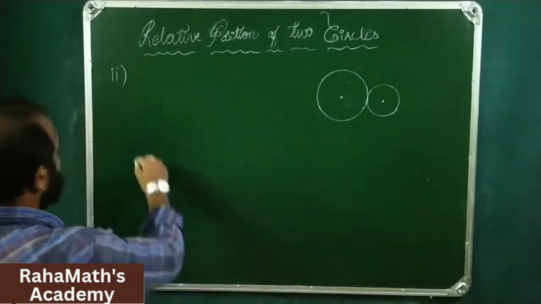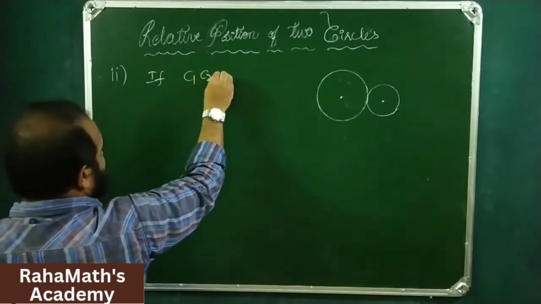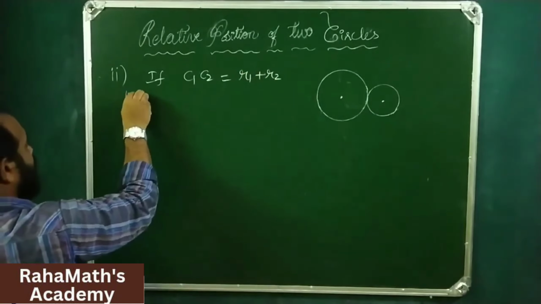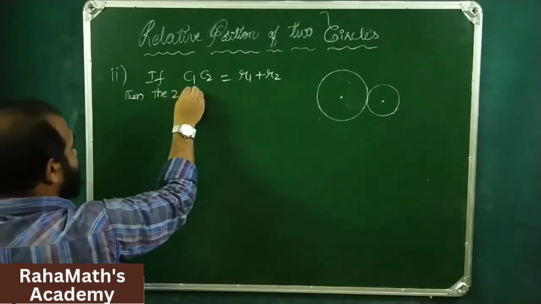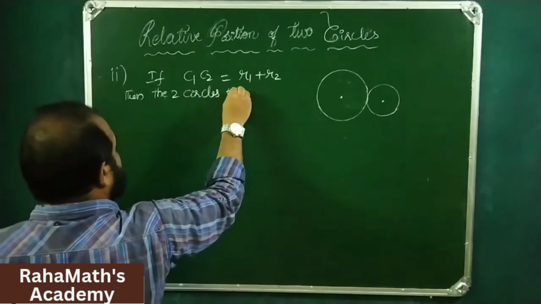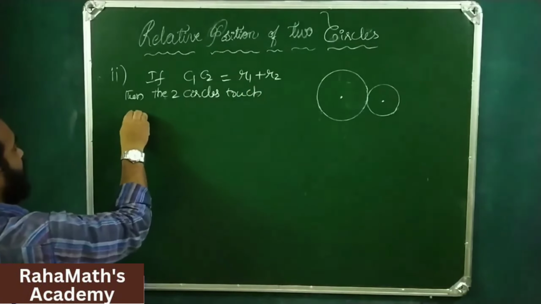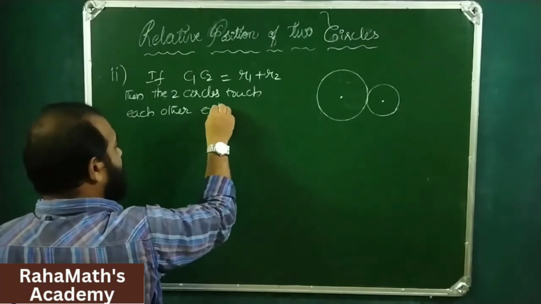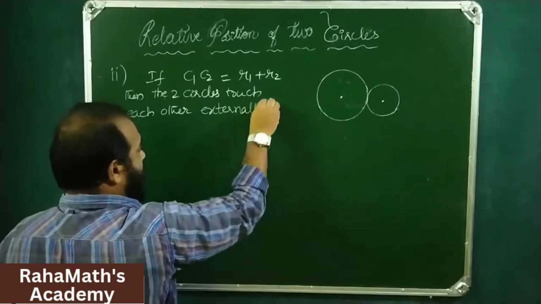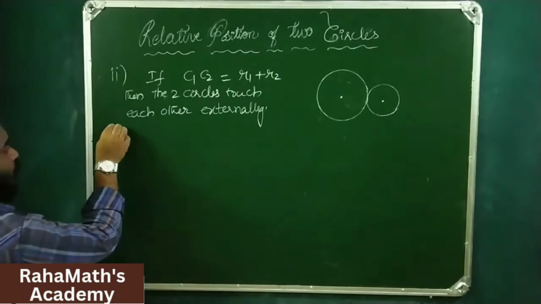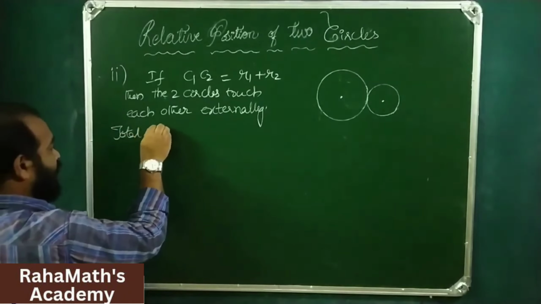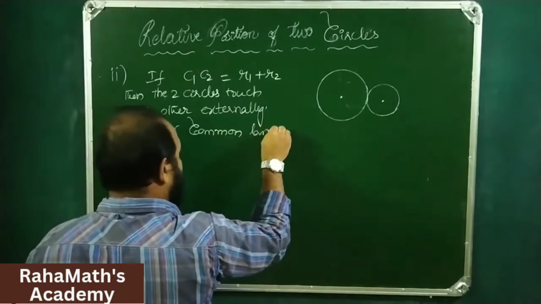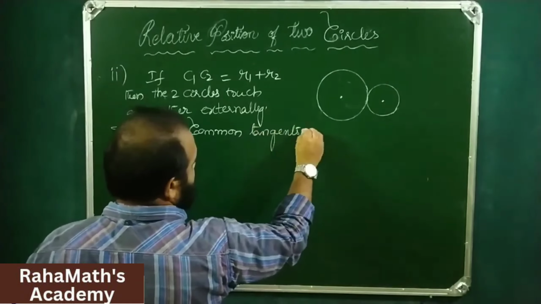The next case is if C1, C2 is equal to R1 plus R2, then the two circles touch each other externally. So here the total number of common tangents is equal to 3.